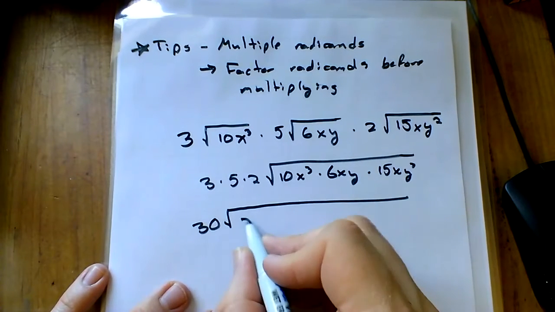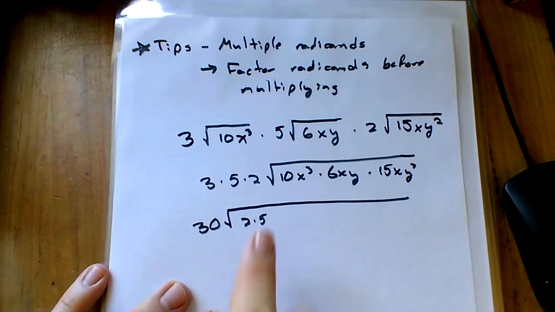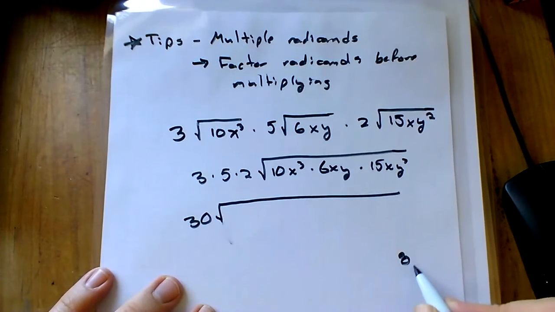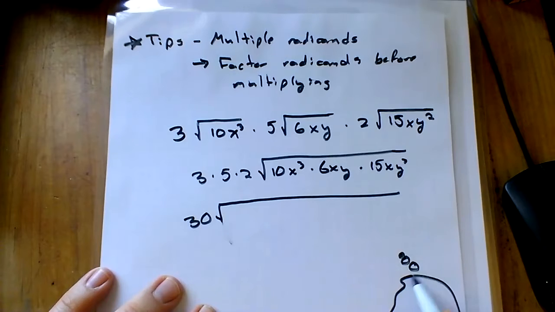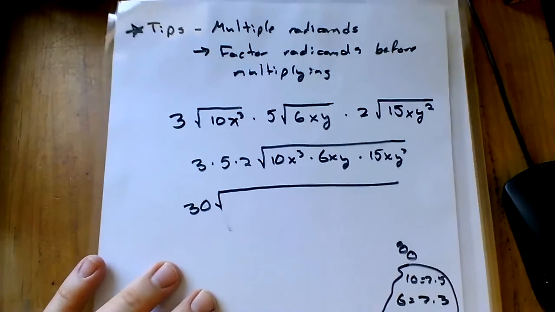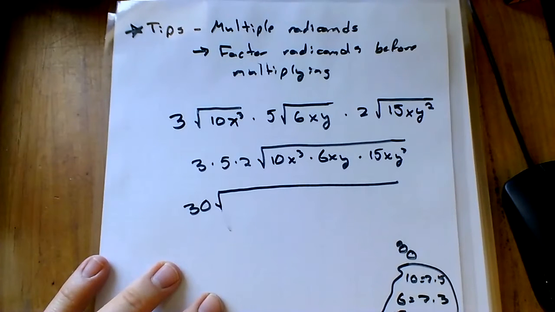10 is 2 times 5. Actually, I'm going to do this as more of a little thought bubble over here. I'll say, okay, 10 is 2 times 5, 6 is 2 times 3, and 15 is 3 times 5.